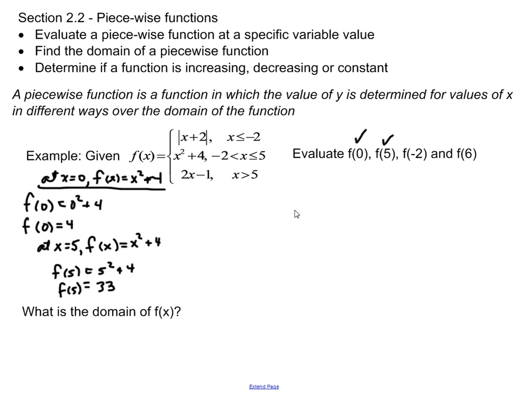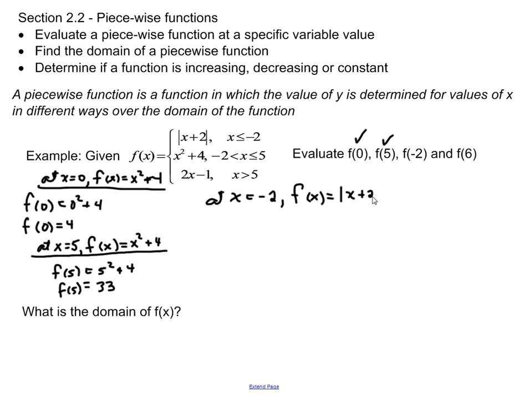So that's f of 5. How about f of negative 2? What does it look like? As far as this function is concerned, at x equals negative 2, f of x looks like the function absolute value of x plus 2.